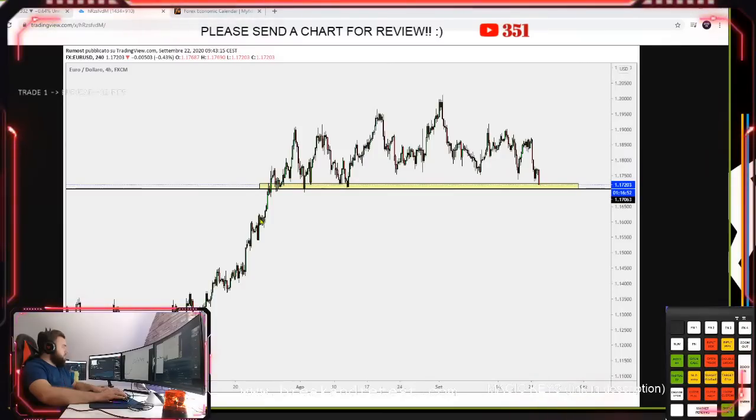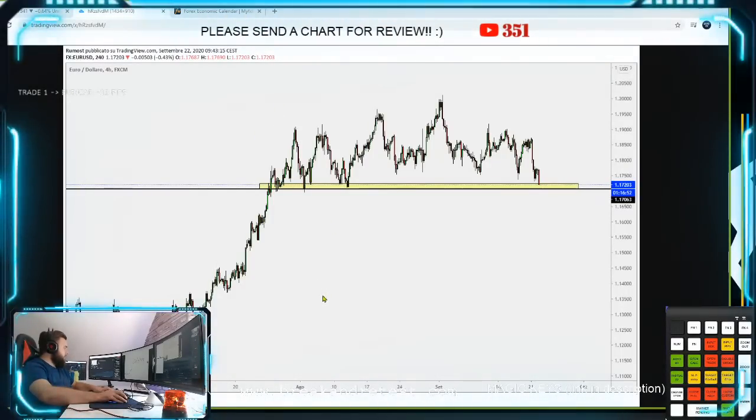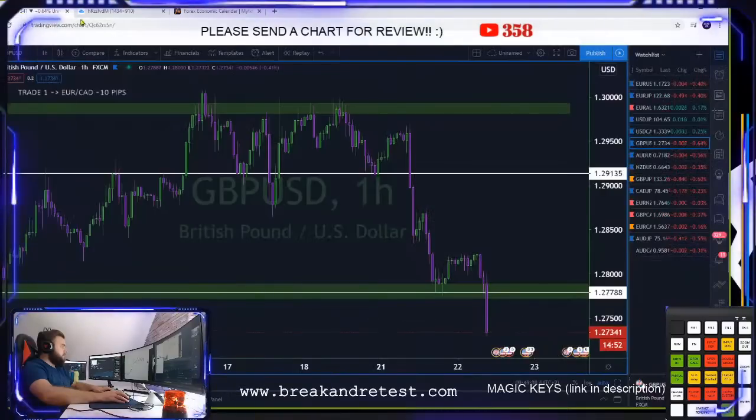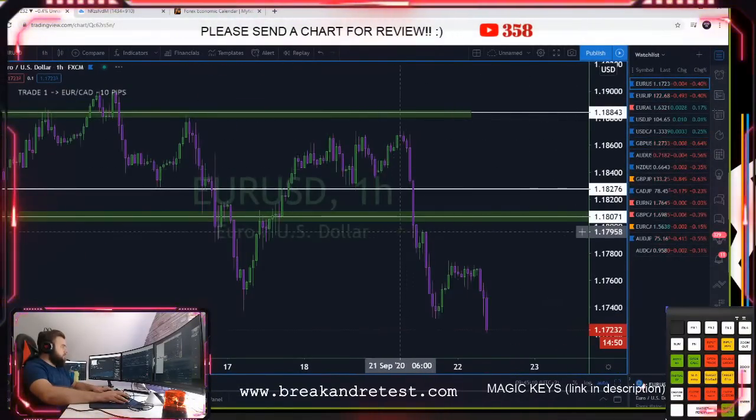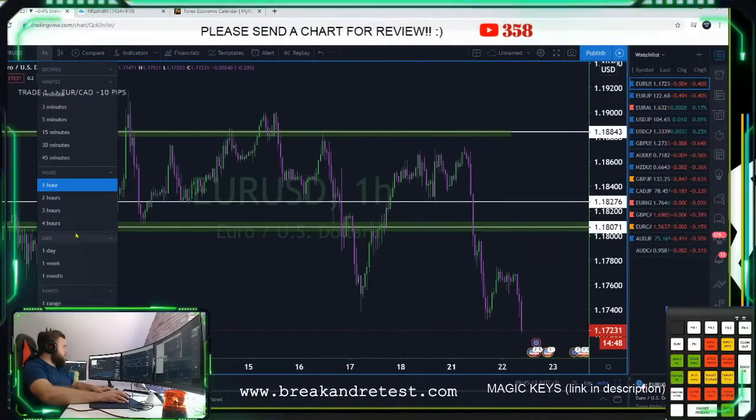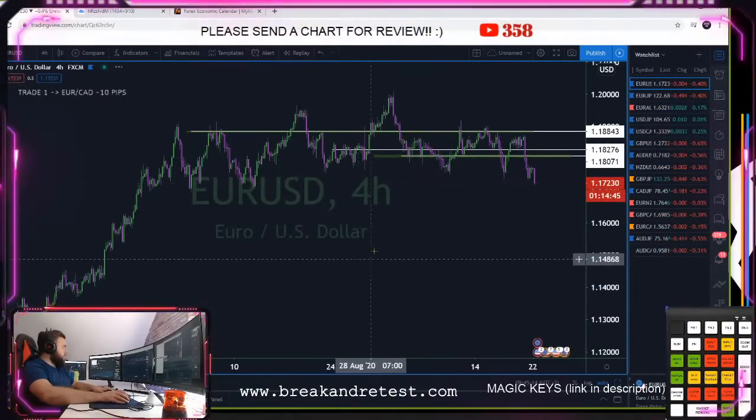Okay, Euro US dollar, it looks perfect. I hope we finally break below this whole consolidation box, because it's been so long. It's been so long, and we might finally have a breakout.